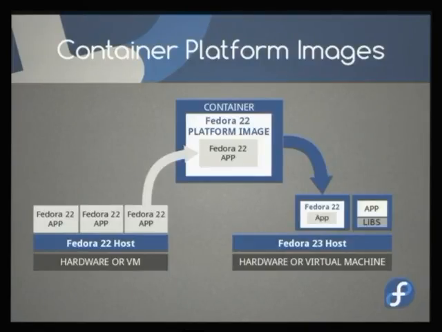Language X, and language X version 1 may or may not be compatible with version 2. Let's say, for example, Fedora 22 is still sitting on language X version 1, but we want to take advantage of some new feature or some new performance component that has come out in Fedora 23. Well, we can take a platform container base image based on 22, put our application inside of that container, and then run that container on Fedora 23.